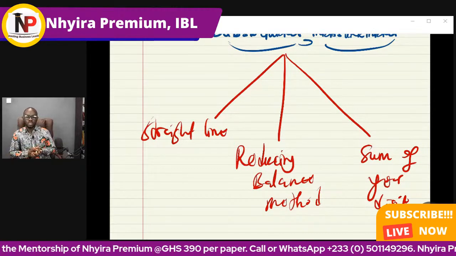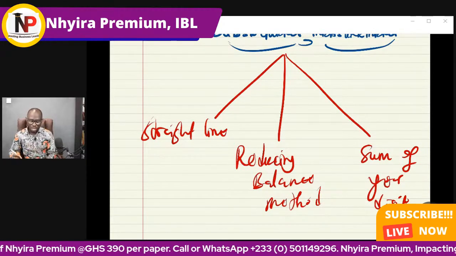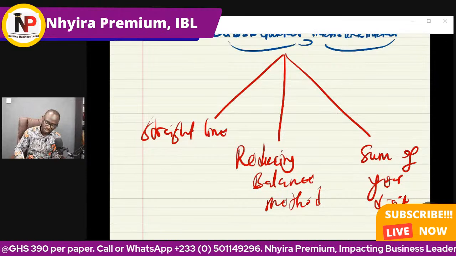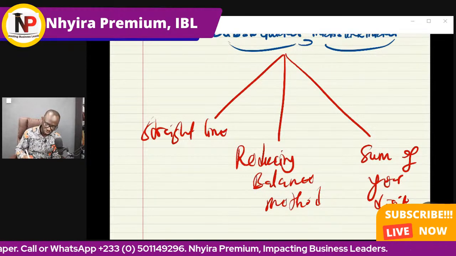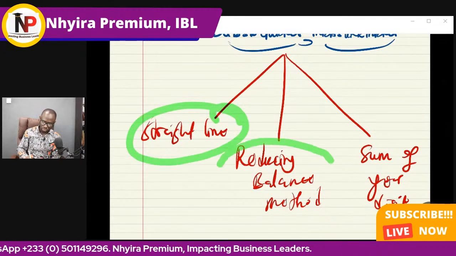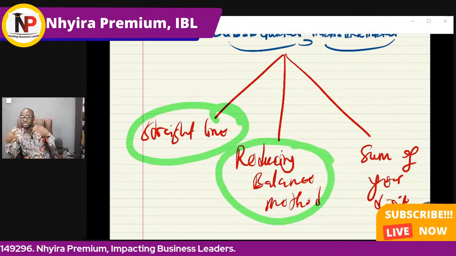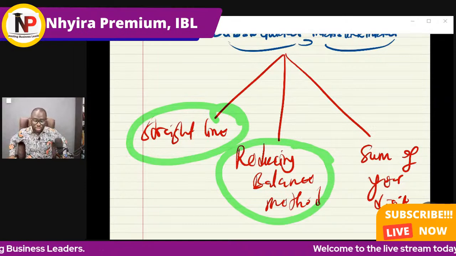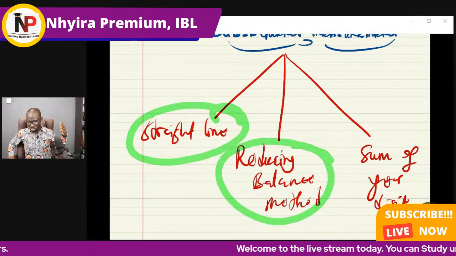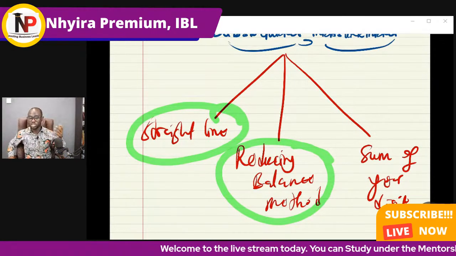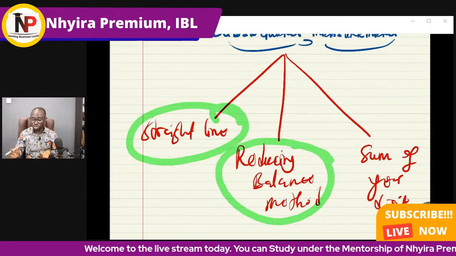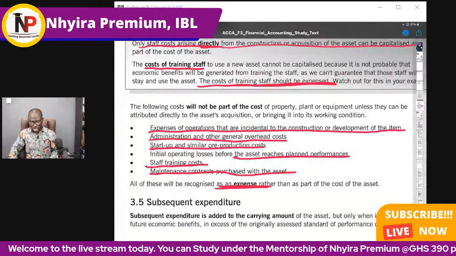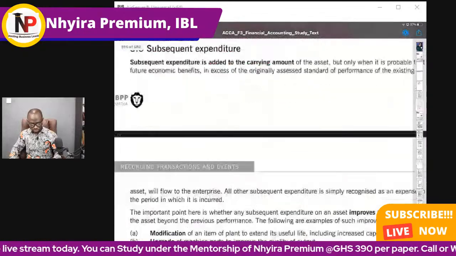But what we are really excited about are these two, the straight line method and the reducing balance method, because typically what you're going to be seeing in your exam hall is straight line method, reducing balance method, straight line method, and reducing balance method. That's what you're going to be seeing a lot in your exams.